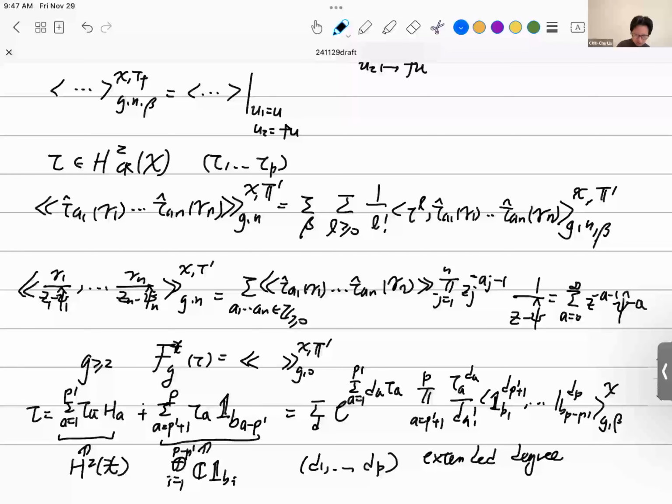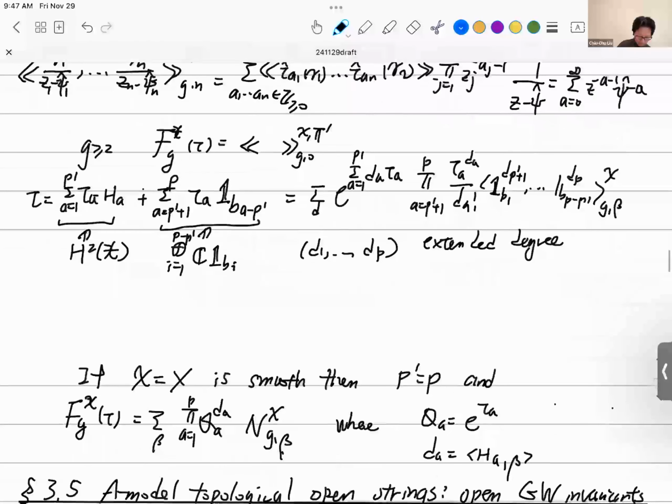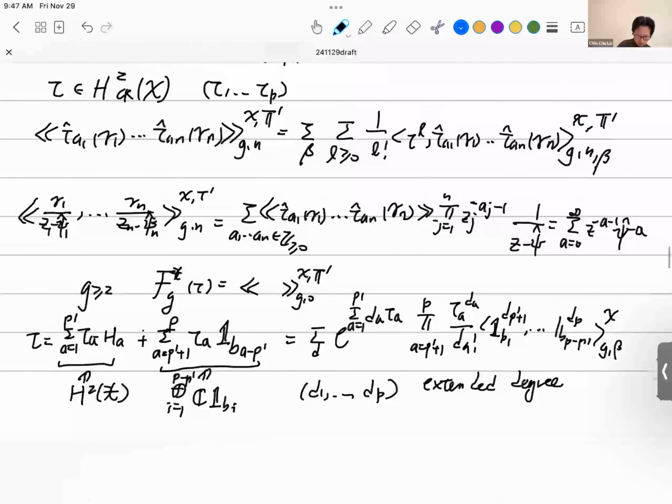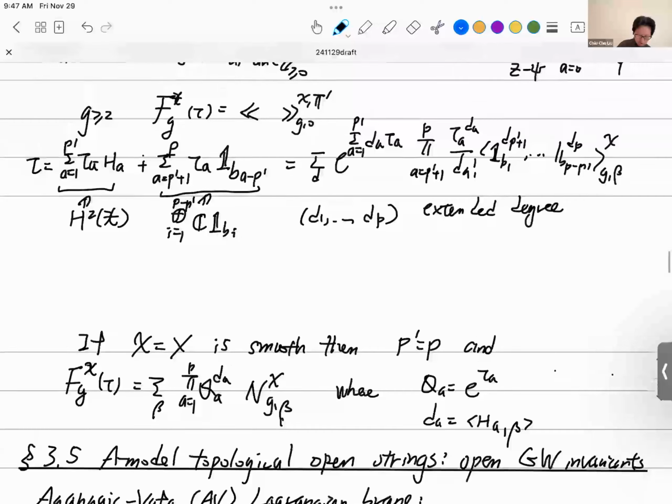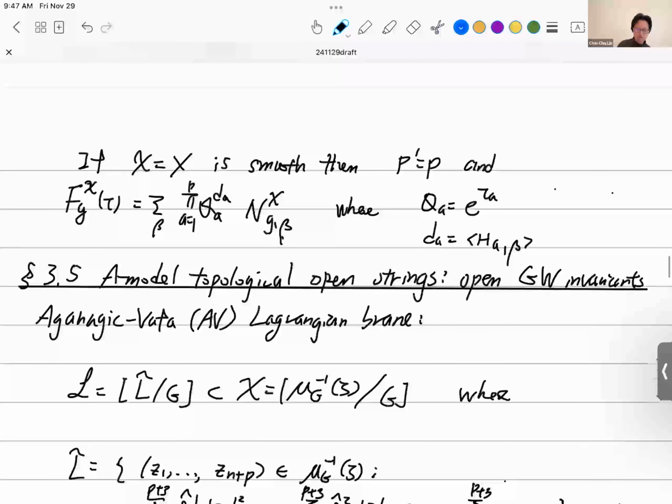On untwisted H2, we can apply the divisor equation and remove all the insertions. Then this reduces to our definition in the smooth case.